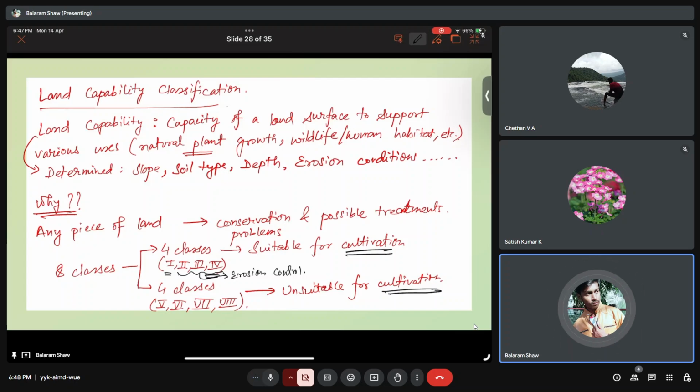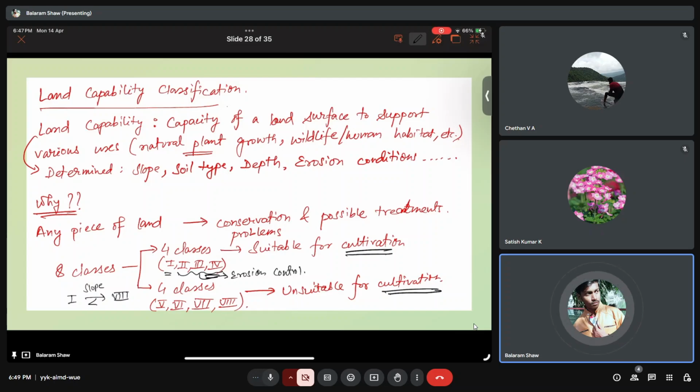In the second 4 classes, that is 5, 6, 7, 8, as we are moving from 1 to 8, we can see that slope is increasing in this direction, right? So class 5 slope will be in the range of 8 to 12%, then 6 will be ranging to 18%, 7 will be ranging to 25%, and if it is more than 25%, it is the 8th classification, steepest slope.